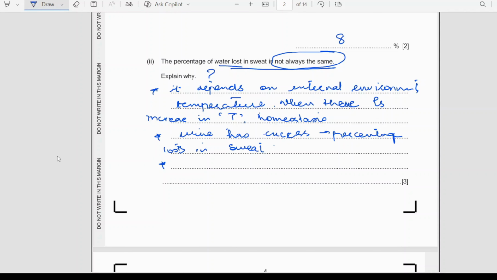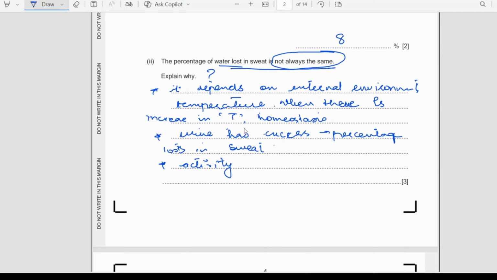I've mentioned a topic, urine formation, right? And there is a very specific topic in your book where it's written that the volume and concentration of urine depends upon few factors. Number one, temperature. Number two is already written. Third factor is activity. So the concentration or volume of urine also depends on activity.